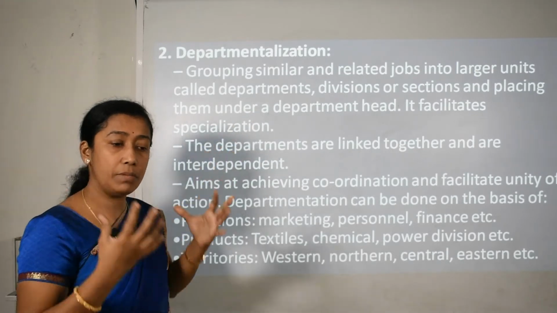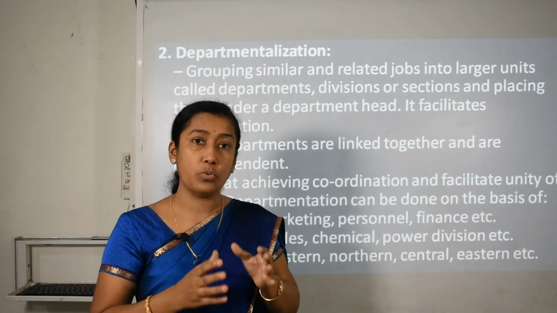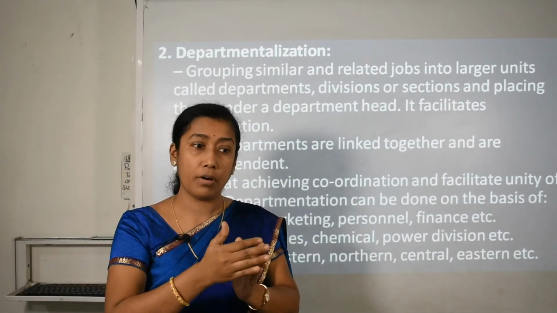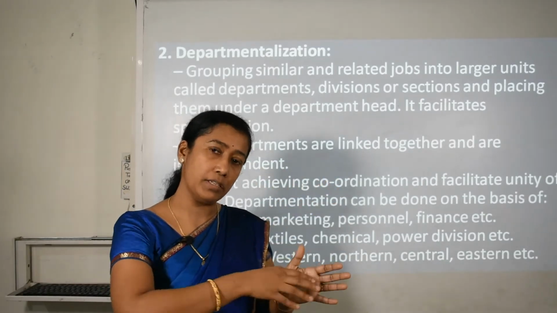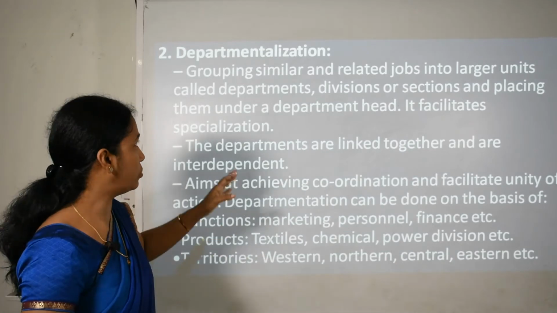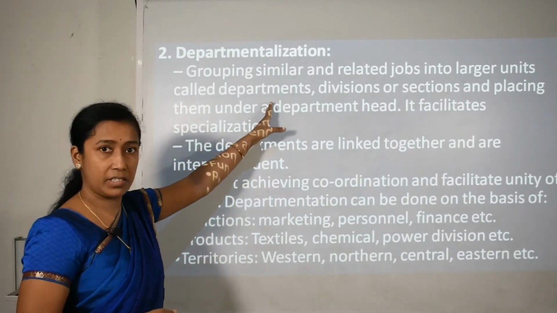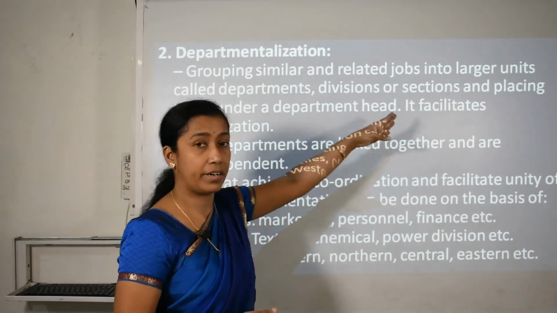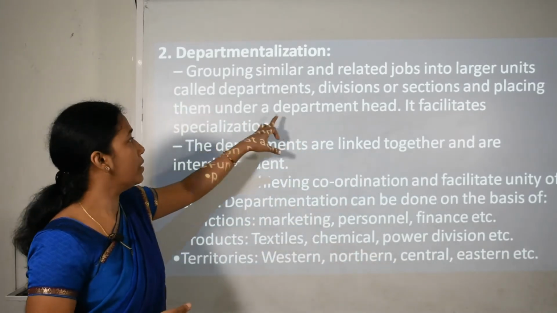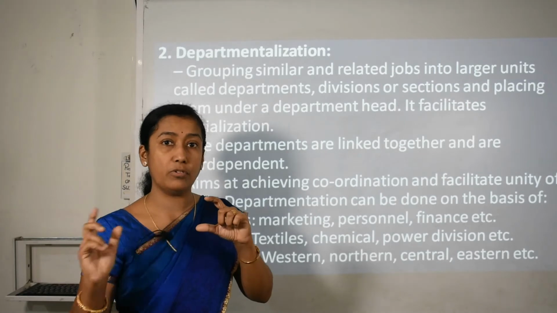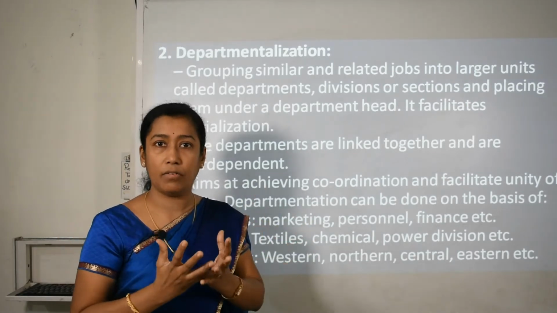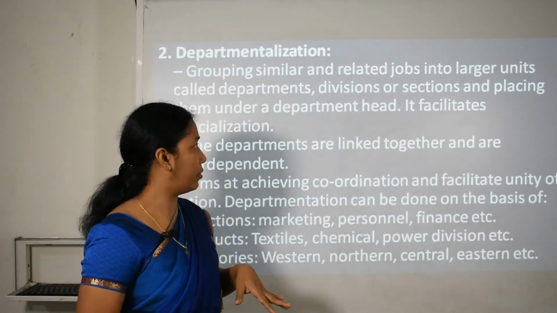All those employees who are doing similar or related kinds of work will be set in one department, and like that other departments are also set. There can be various departments, divisions or sections, and placing them under a departmental head. That means there must be one departmental head who is going to supervise and see that everything is being done properly or not.